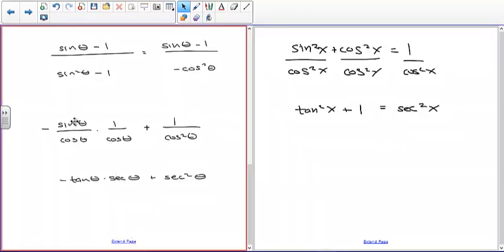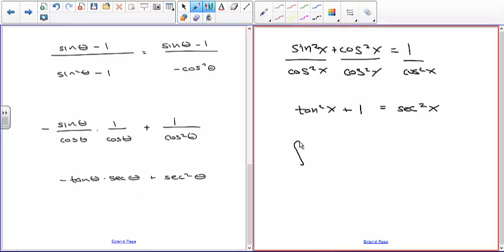And ultimately, you end up with this expression. So the reason I broke up the cosine squared here into two parts is because sine over cosine is tangent and 1 over cosine is secant. And so if I had started with the original integral, 1 over sine theta plus 1 d theta, how do I integrate that?